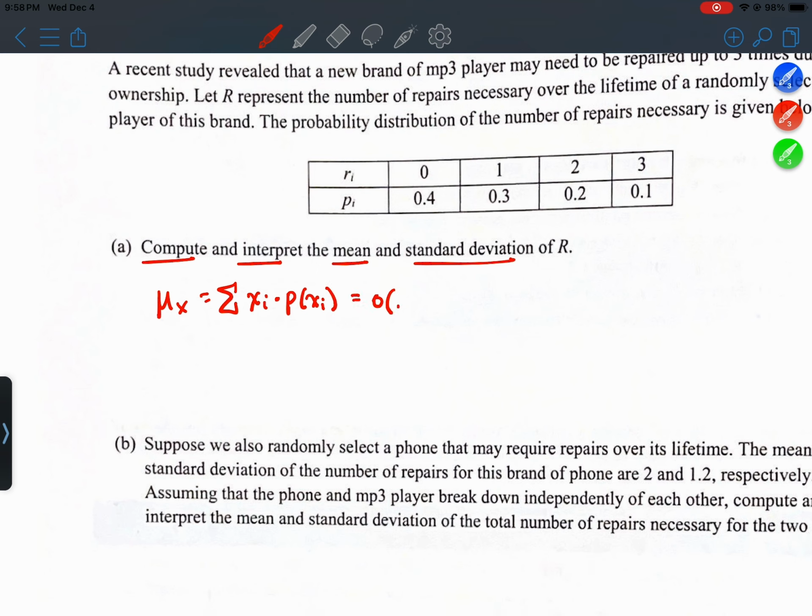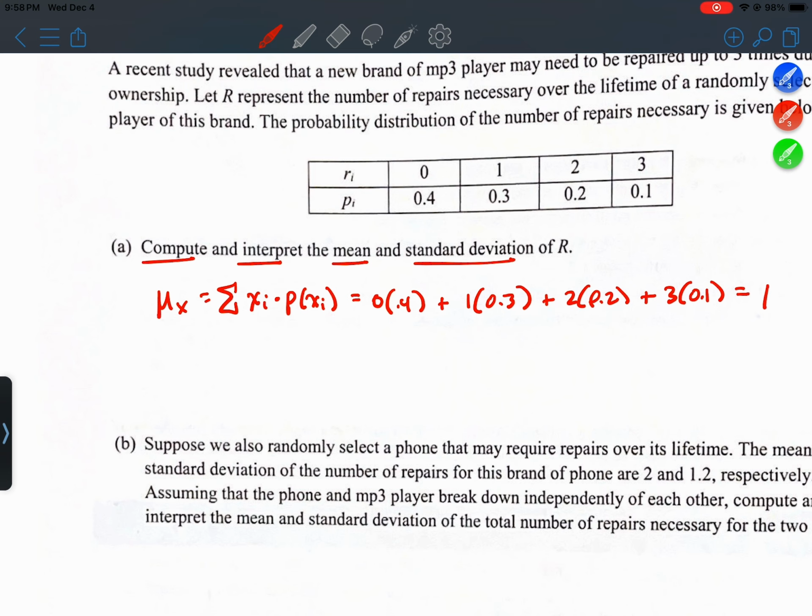So 0 times 0.4 plus 1 times 0.3 plus 2 times 0.2 plus 3 times 0.1. And that gives us 1. Let's do all the calculations and then we'll write the interpretations at the end.